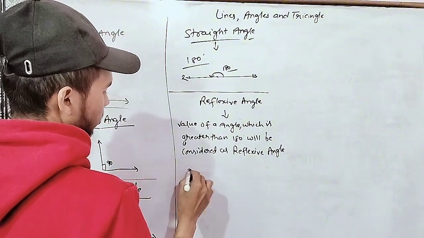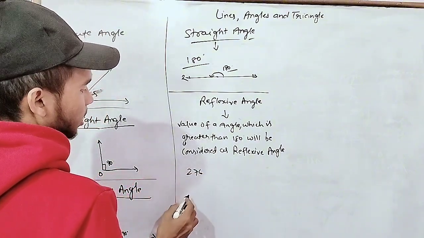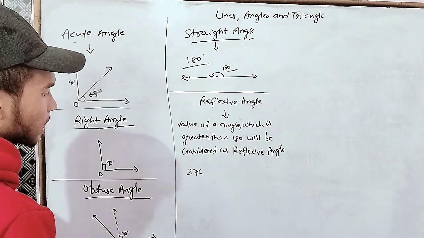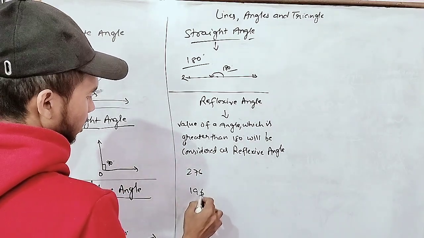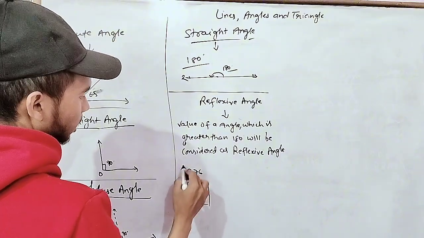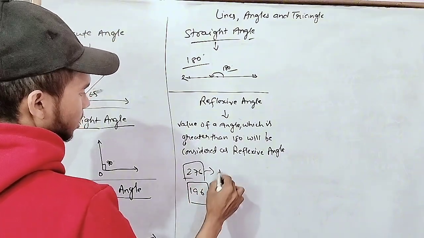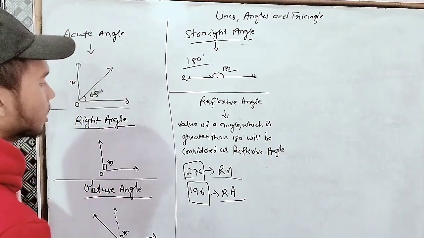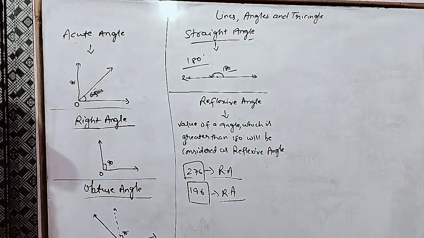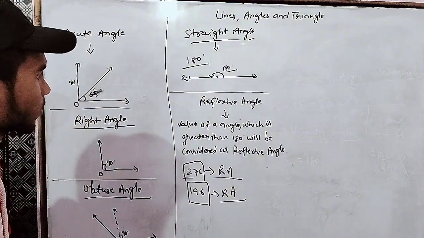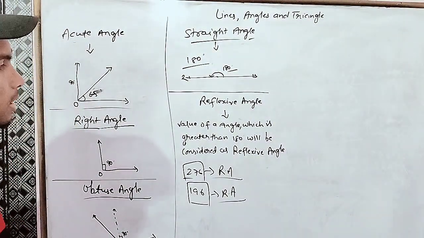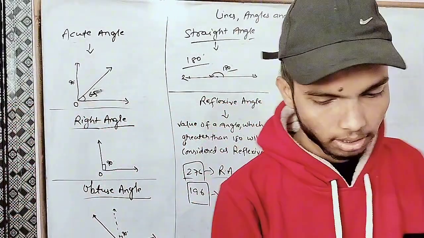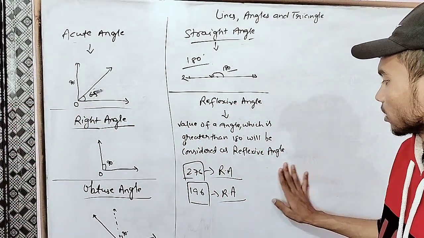For example, 226. This is a reflexive angle because it is more than 180 degree. 196, of course, is also more than 180 degree. That's why this is a reflexive angle. Did you understand? Yes or no? A value of angle greater than 180 degree will be considered as a reflexive angle.